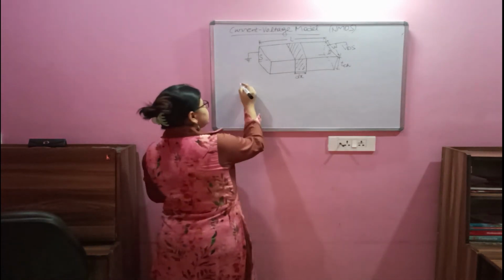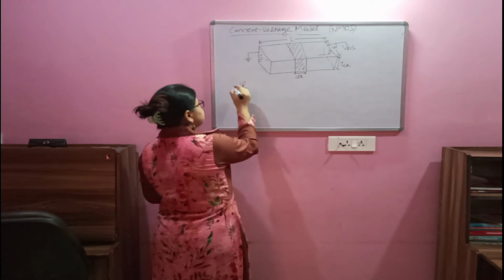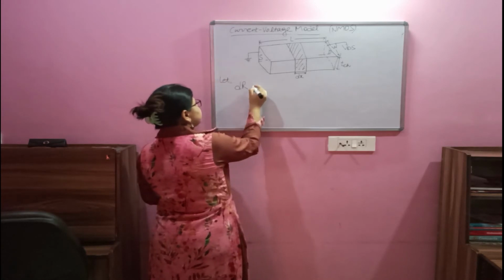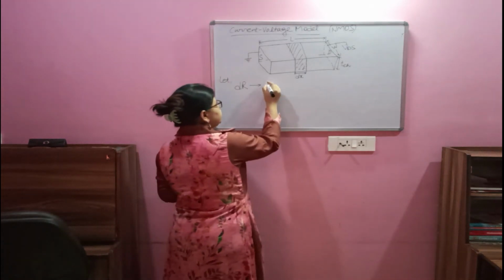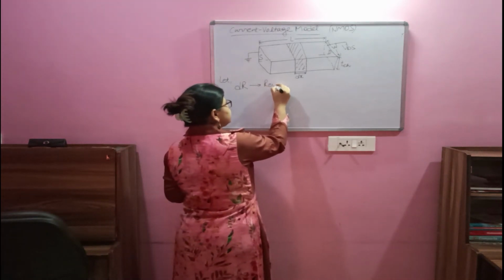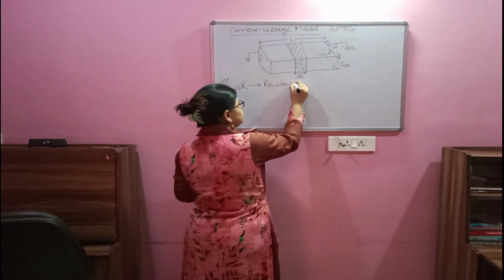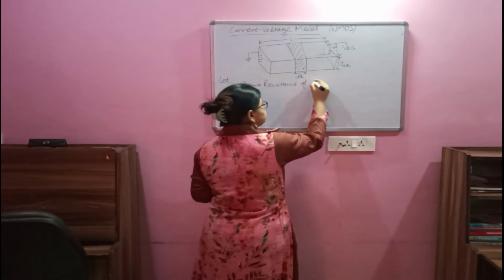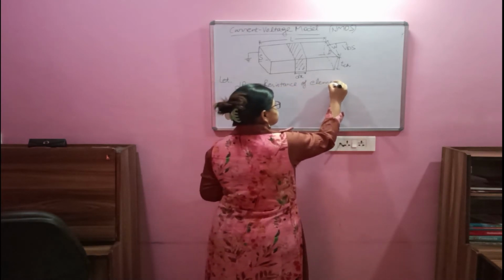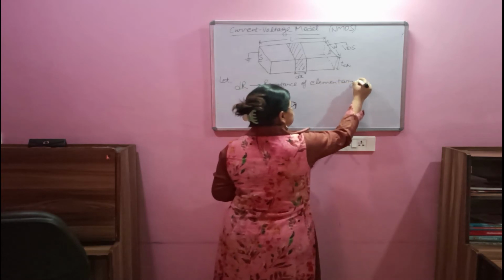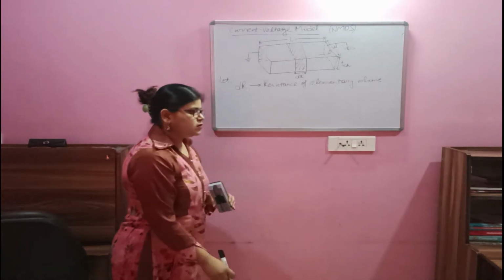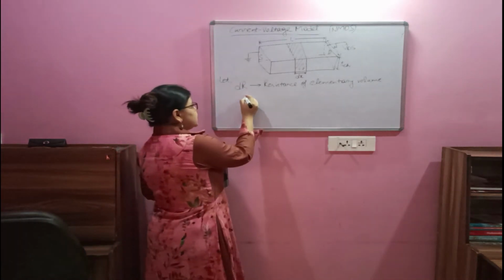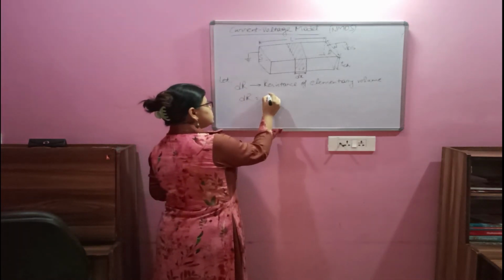Now suppose I take one parameter, say dr. dr is the resistance of this elementary volume taken from this entire channel. Okay, so now we know how the resistance is noted down.